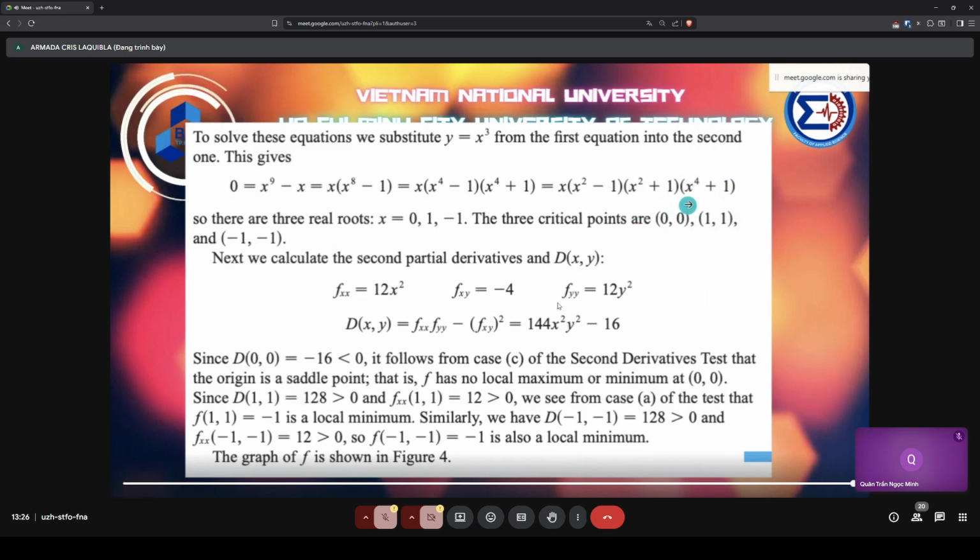Now these two factors here, class, the x squared plus 1 and x to the fourth plus 1, they are the sum of two perfect squares and they do not have a real value for the x there. Okay, why? The reason is, for example, you have this x squared plus 1 here. Transfer it to the other side, your x squared is equal now to a negative 1. Now, your x squared is always positive.